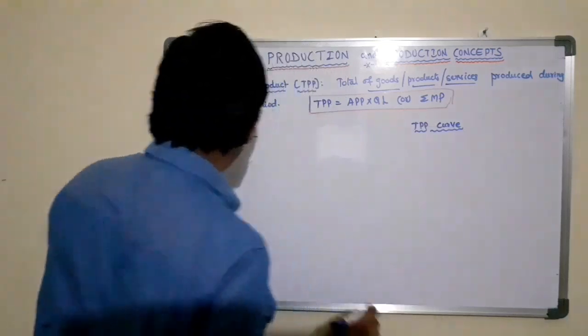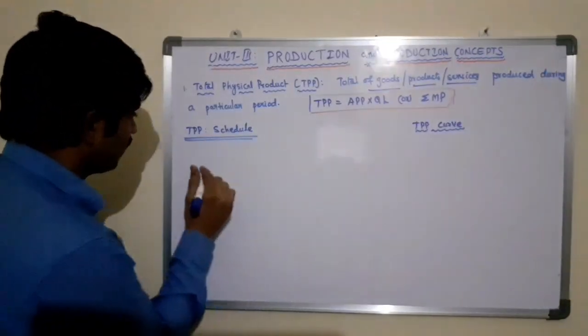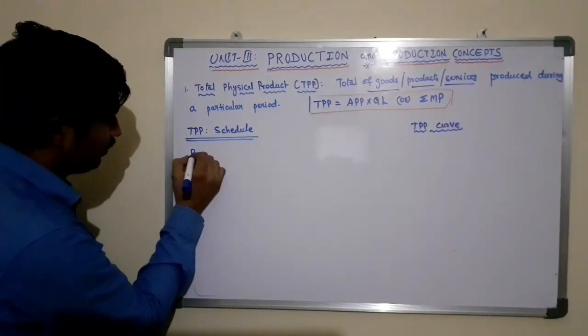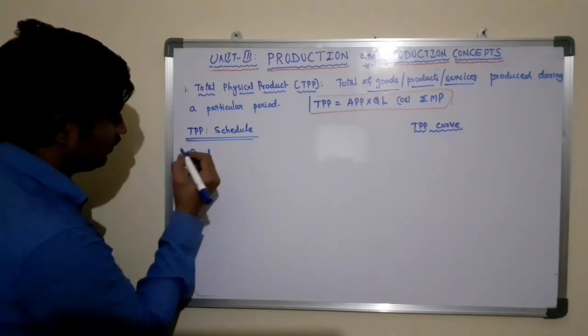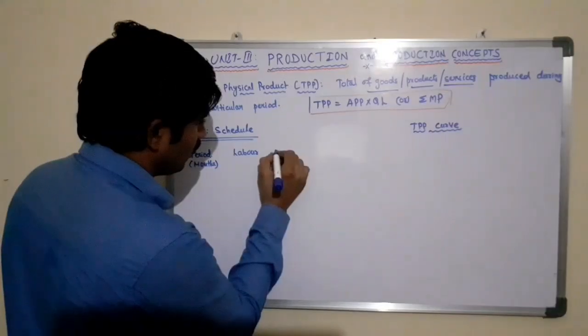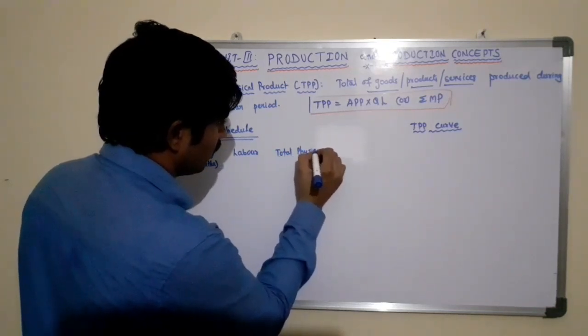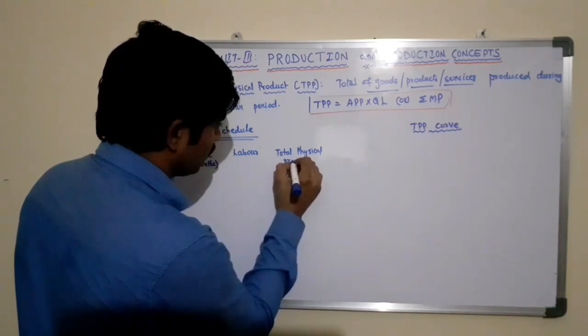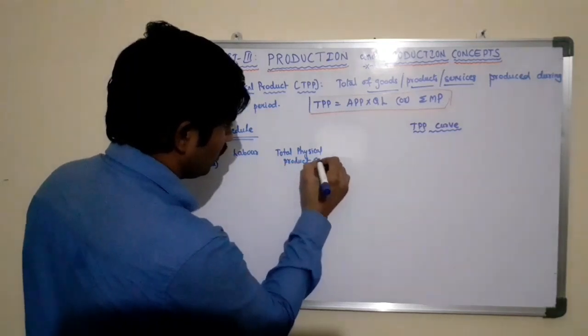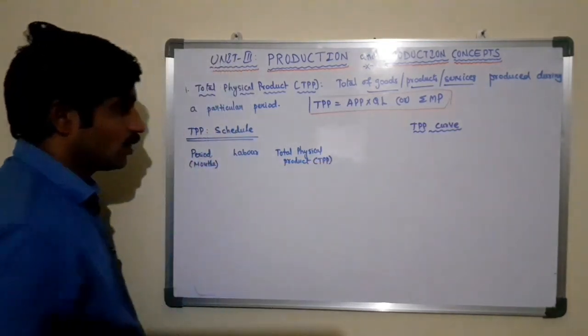Let us take the period, for example in months, the labor, and total physical product, or TPP, also known as total production.